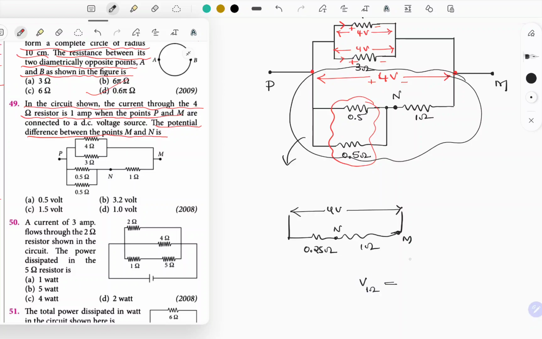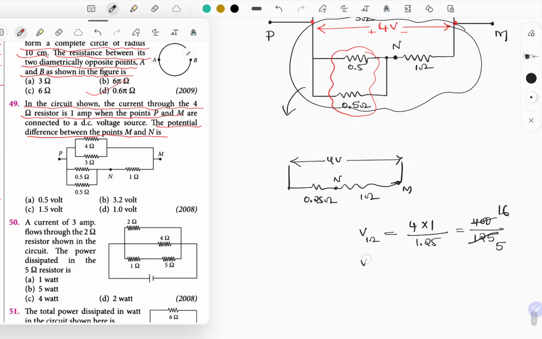So we know the formula, voltage across 1 ohm is equal to total voltage in the circuit, that is 4 volt, into same resistance, that is 1, divided by sum of these two resistors, that's going to be 1.25. So it can be replaced as 400 divided by 125, 25 5s and 25 16s.